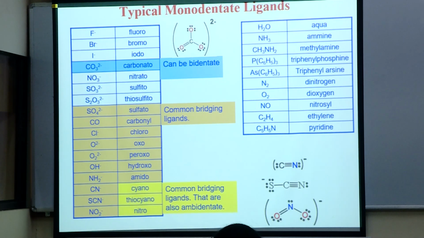If a group has the capacity to give only one pair of electrons, then it is monodentate. If it has the capacity to give 2 pairs of electrons from 2 different sites, then it is bidentate. Here it is multidentate, because the nitrogens can also donate.